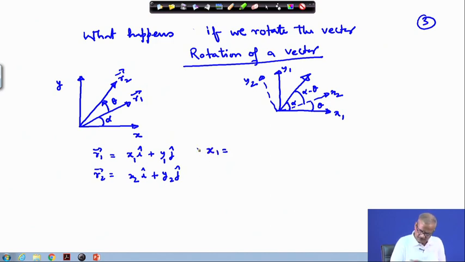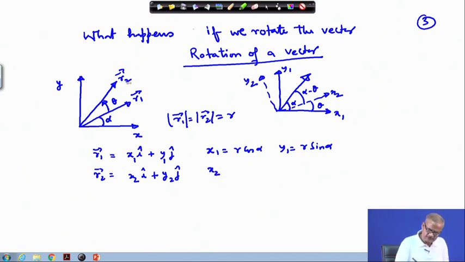Here, if we work in the previous way, x1 can be written as, now r1 magnitude is equal to r2, so we write it as r. So x1 equals r cos alpha and y1 equals r sin alpha as usual, and similarly x2, the coordinates of this.